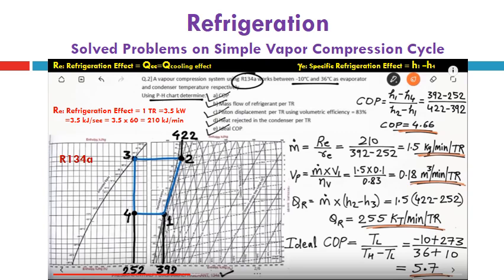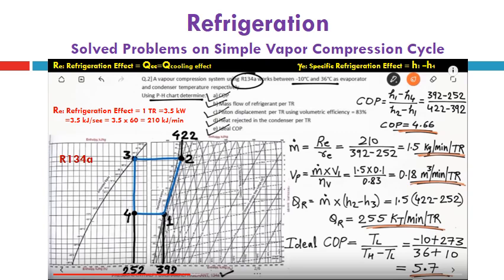Then the Q rejected in the condenser, Q R or Q condenser, equals m dot refrigerant multiplying by H2, the state at the compressor outlet and condenser inlet, minus H3, the outlet state from the condenser, equal to 1.5 multiplying by 422 minus 252, giving that Q rejected equals 255 kilojoule per minute per ton.